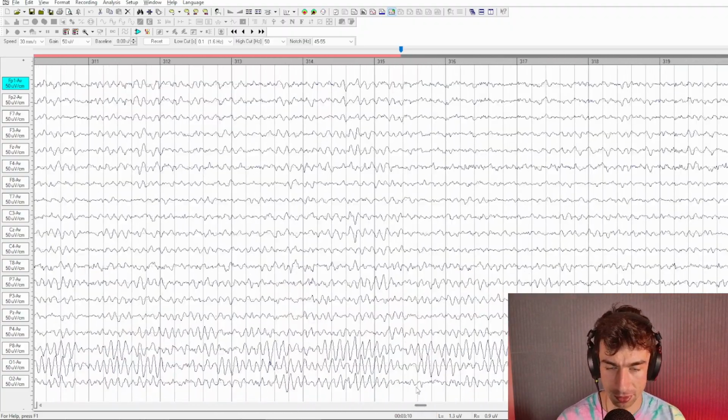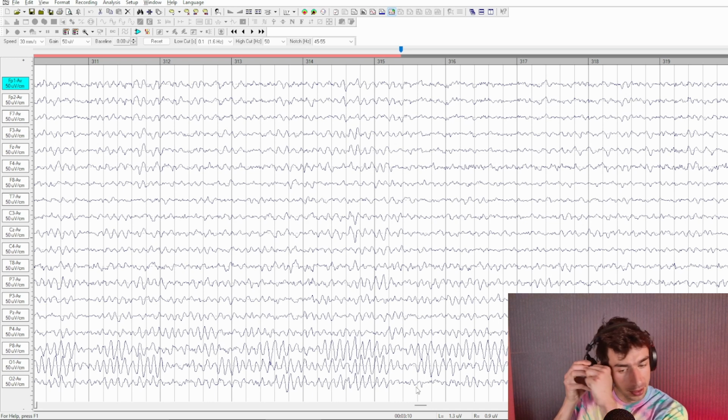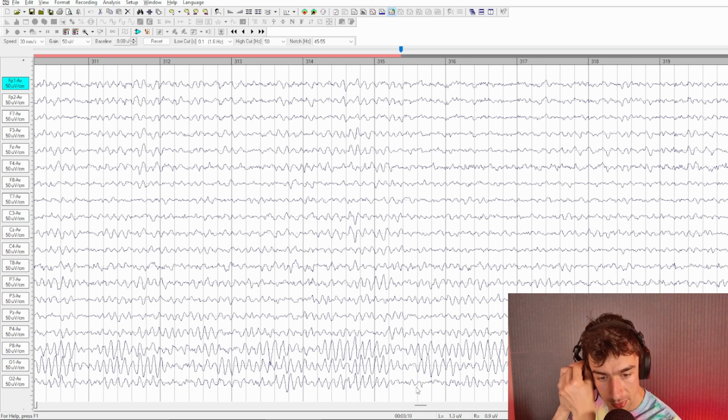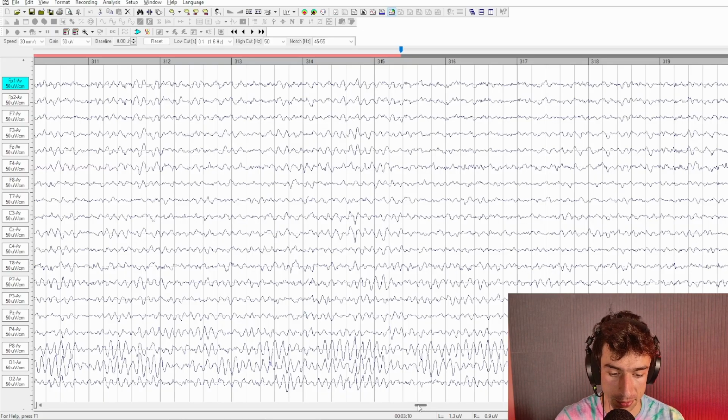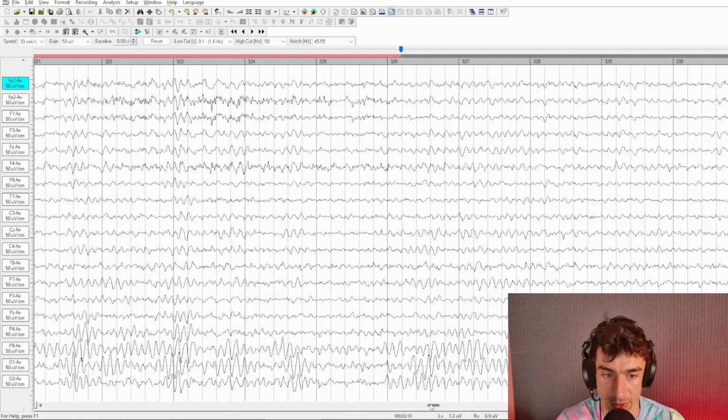We're keeping an eye out for vertex activity, and I'm not expecting this brain to go to sleep that deeply, given how much arousal there is.